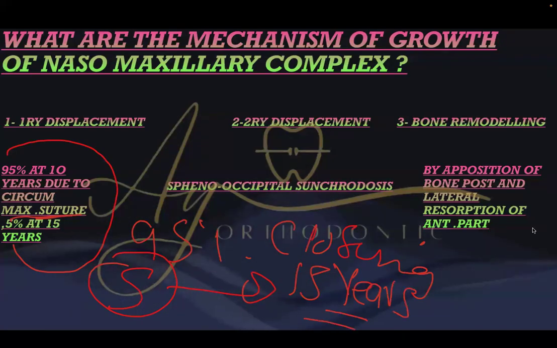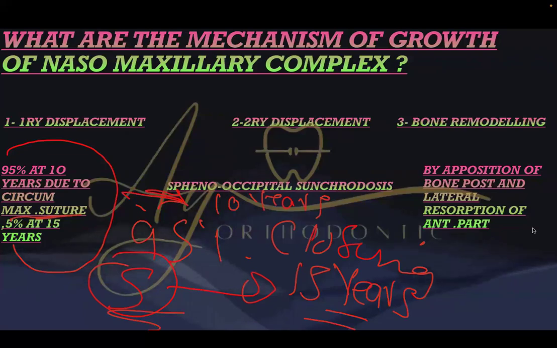This is why when I finish the face mask treatment at 10 years old, I need to retain it till it stops growing by 15. This is called the primary displacement.